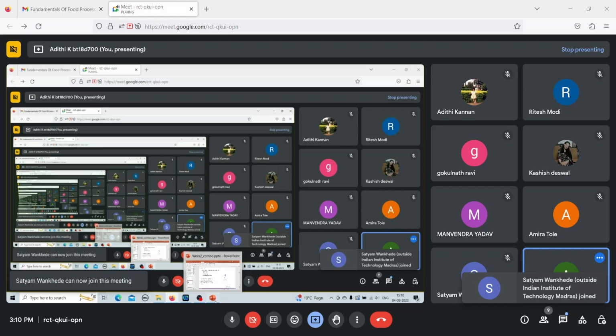And the Burger model. The Burger model was developed because the Kelvin model was not able to explain all fluids, most probably food materials were not being described by the Kelvin model. It was able to describe fluids but not food materials. So the Burger model was developed, which is a combination of the Kelvin model and the Maxwell model.